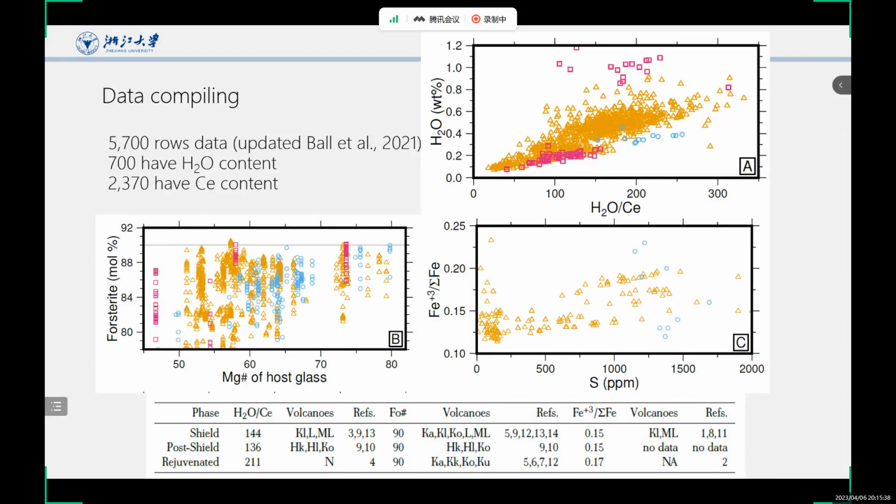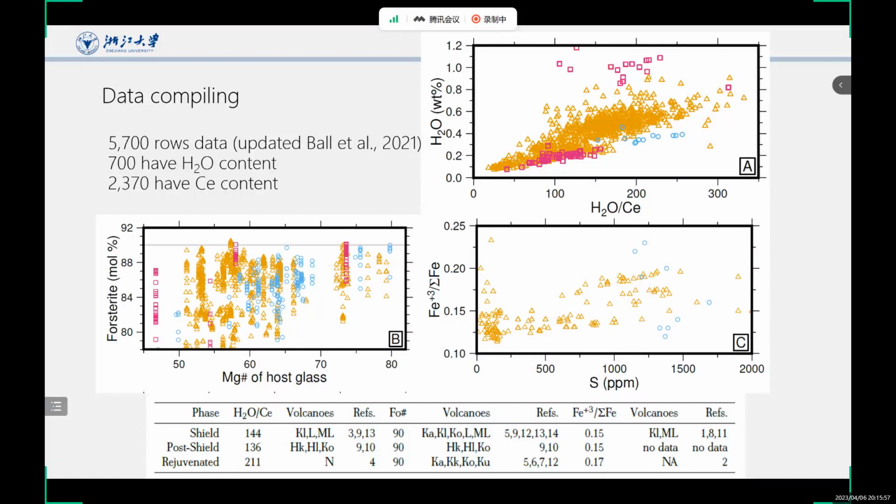The data is basically from the updated Gale 2021 paper, and there are almost 6,000 rows of data, and only 700 have H2O contents, but there are 2,000 that have Ce contents.